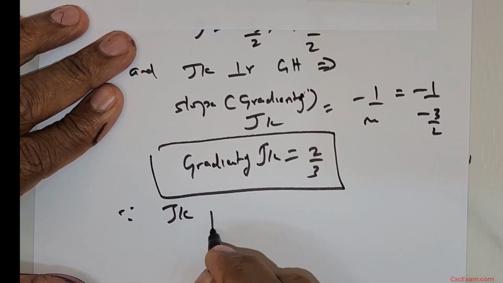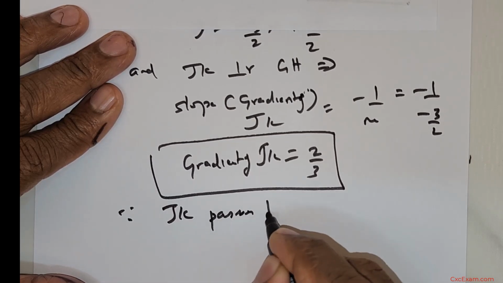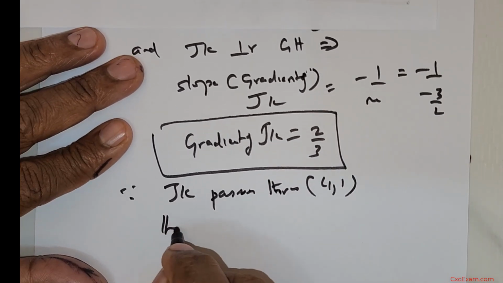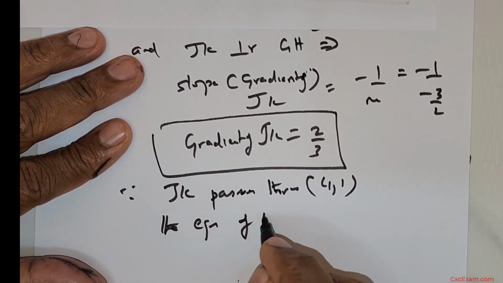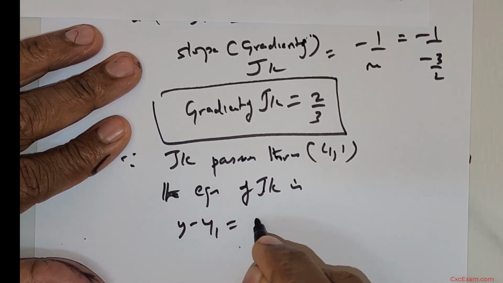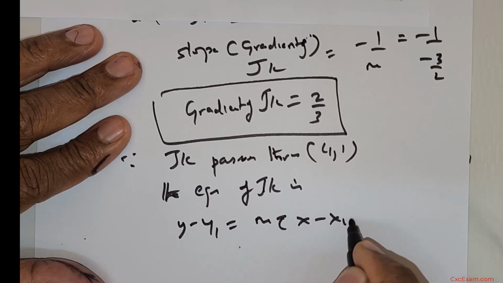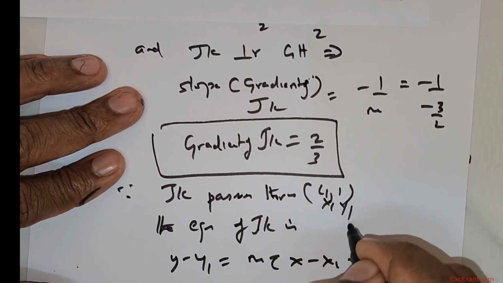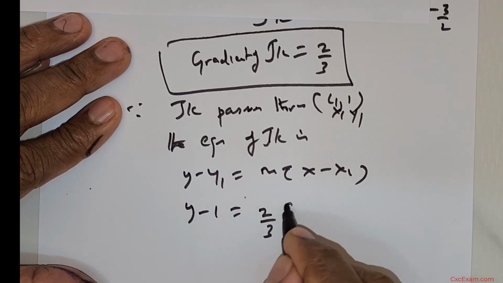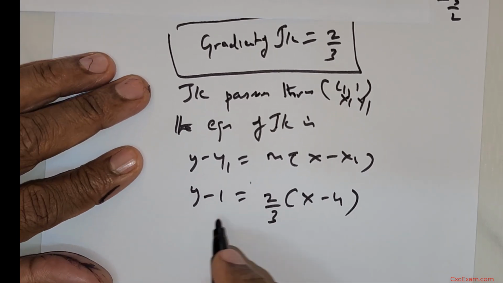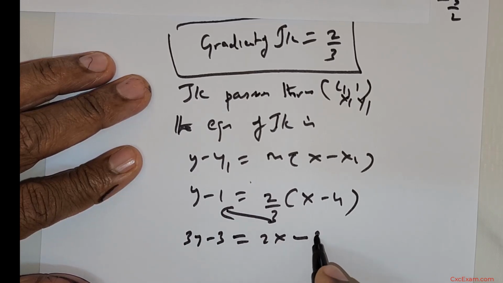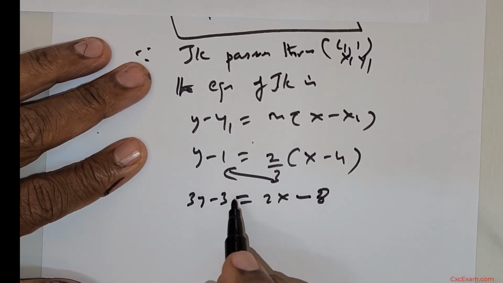Now since JK passes through (4,1), the equation of JK is y minus y1 is equal to m times (x minus x1). You take this as x1, this as y1, so this is y minus 1 is equal to 2 over 3 times (x minus 4). So you cross multiply, you get 3 times (y minus 1) is equal to 2 times (x minus 4), so 3y minus 3 is equal to 2x minus 8.